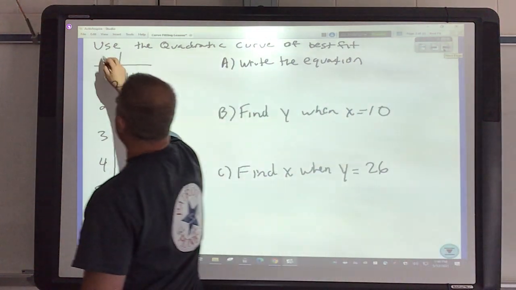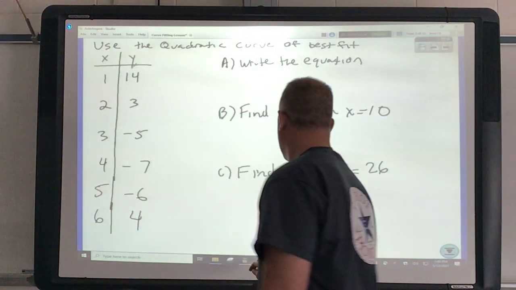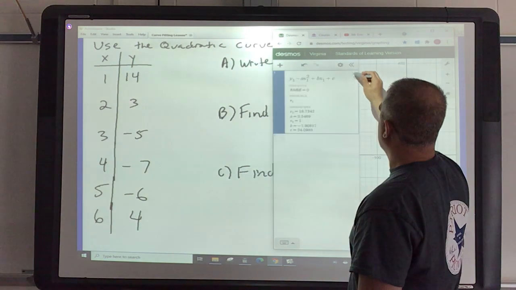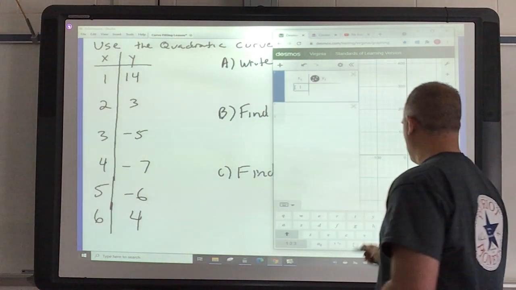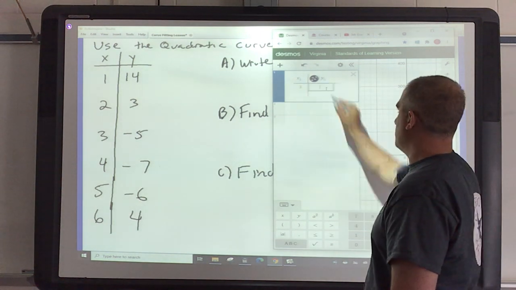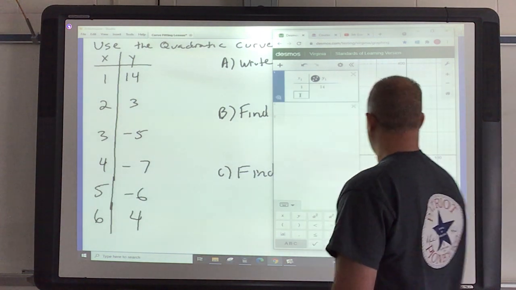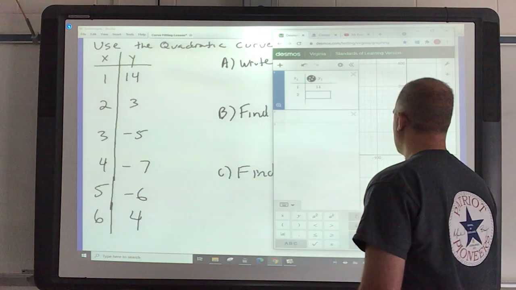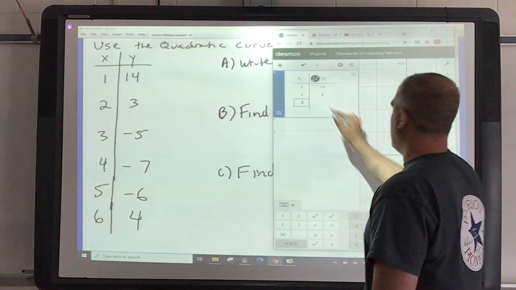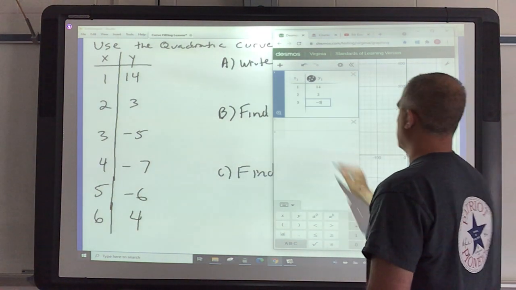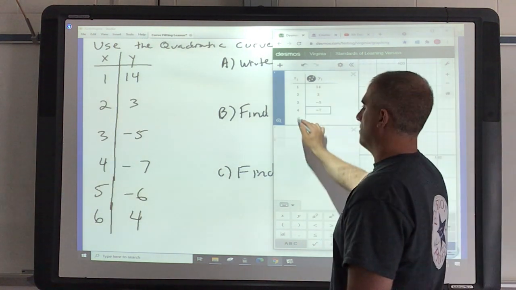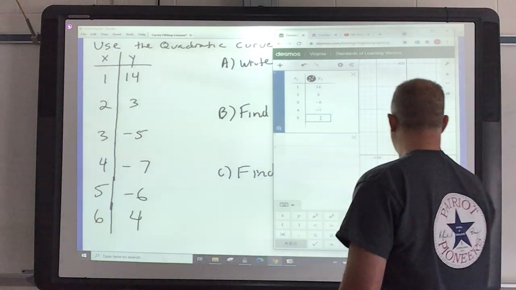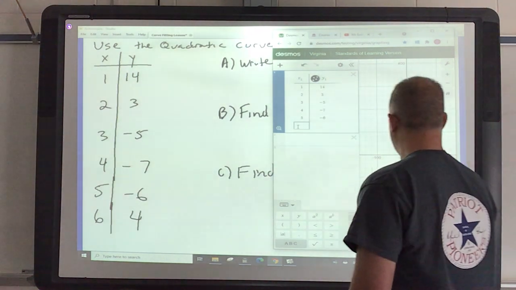Here's my x, here's my y. Cancel out my table. I've got my table: 1 and 14, 2 and 3, 3 and negative 5, 4 and negative 7, 5 and negative 6, 6 and 4.